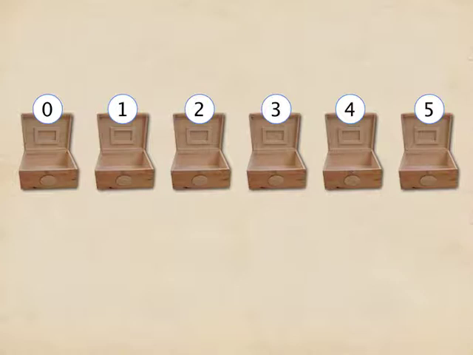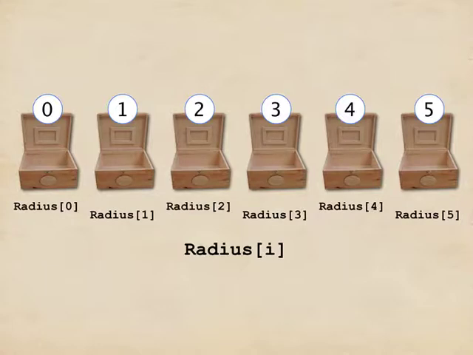So to illustrate this, remember the way we refer to any one of these entries. Suppose that this is our array of radius values. So we say radius, open bracket, I, close bracket. And that tells us which of these we're picking based on the value of I. So the leftmost one is radius bracket 0 bracket. Then radius bracket 1, close bracket, radius 2, 3, 4, and 5.